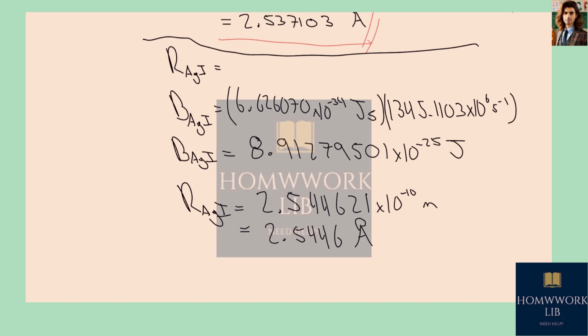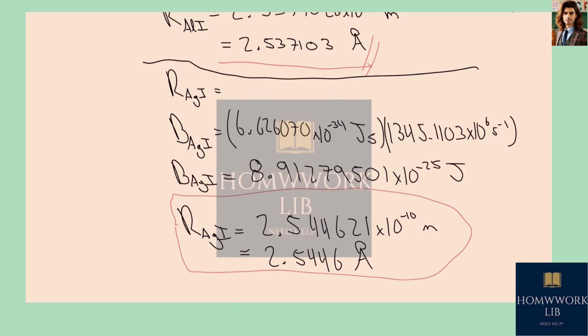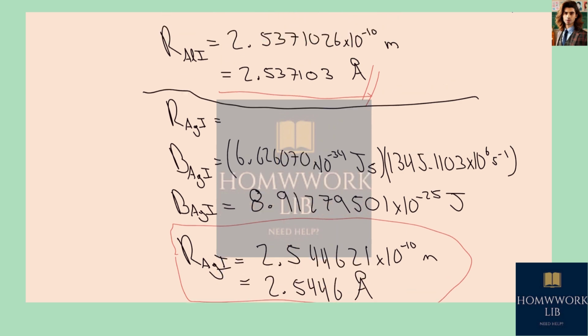So this is going to be the bond distance for both of the compounds. And this is how we differentiate one from the other. As you can see, the difference is in the order of times 10 to the minus 12 meters. So a very small difference.